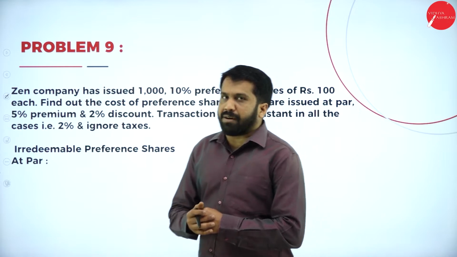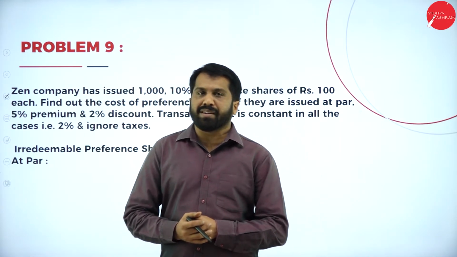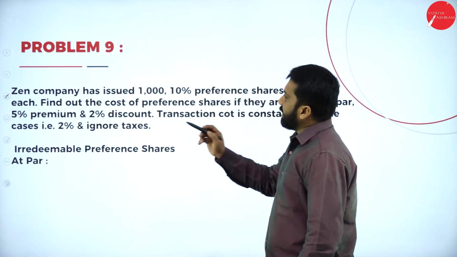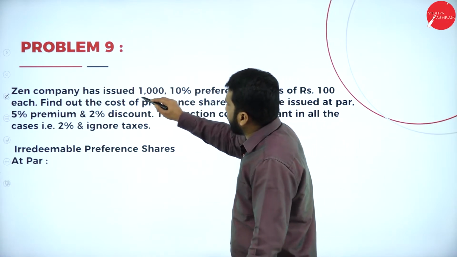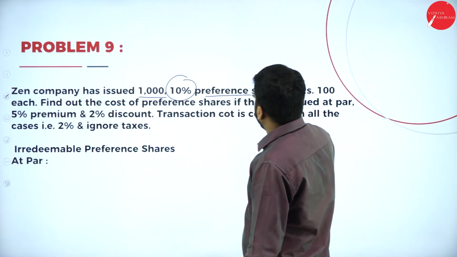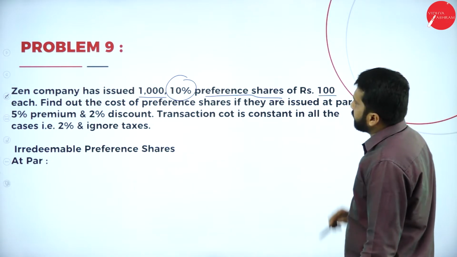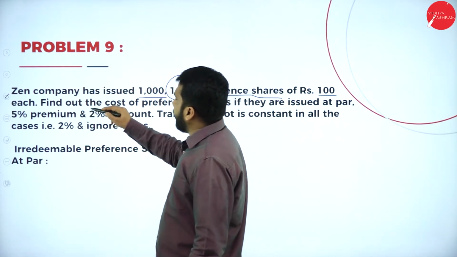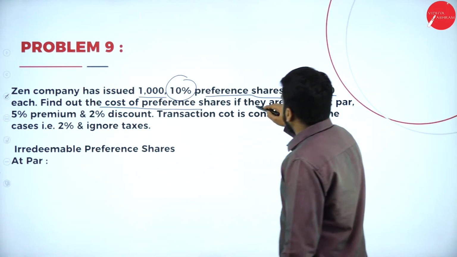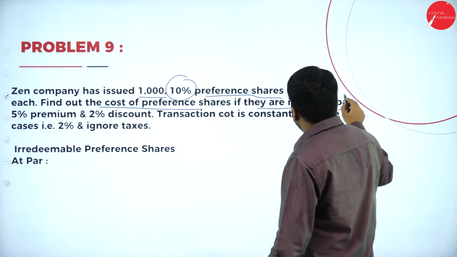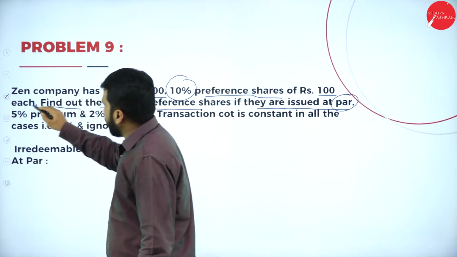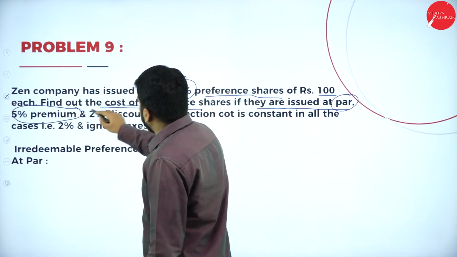We will solve it ourselves so that you will understand better. Now, Zen company has issued 1000 10% preference shares of rupees 100 each. Find out the cost of preference shares if they are issued at par, issued at premium, issued at discount.